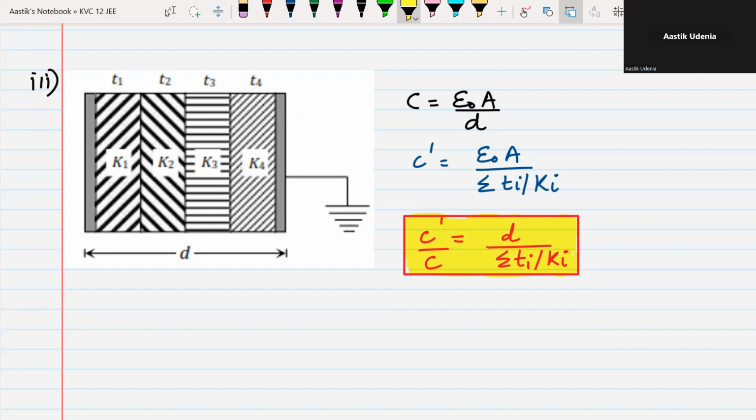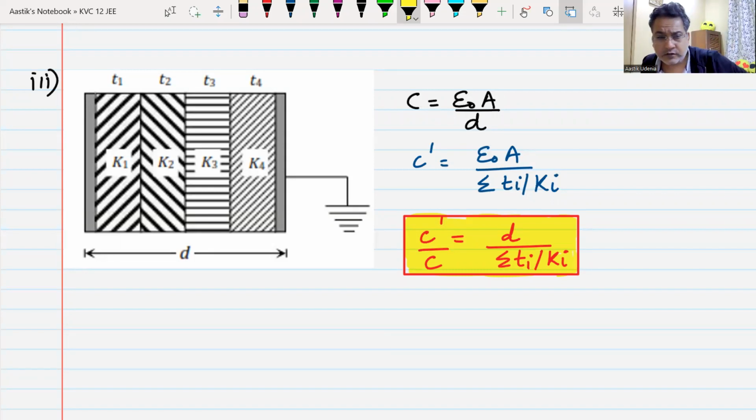In all these cases I have given you the direct formula, but all these cases could have been done using the concept that we have already studied. How could I have done this? Now remember, all these questions could have been done by the concept of series parallel combination.